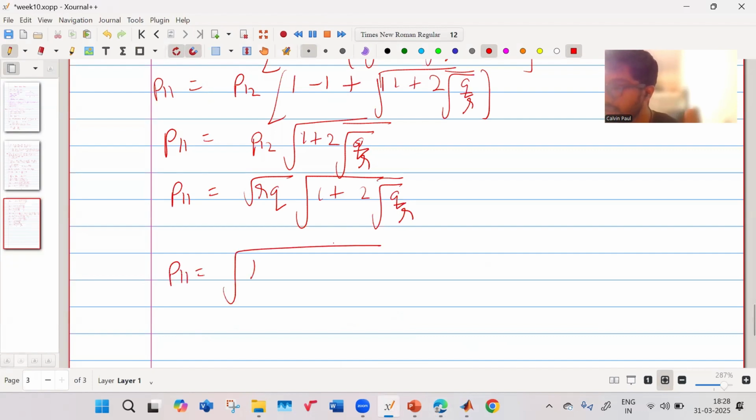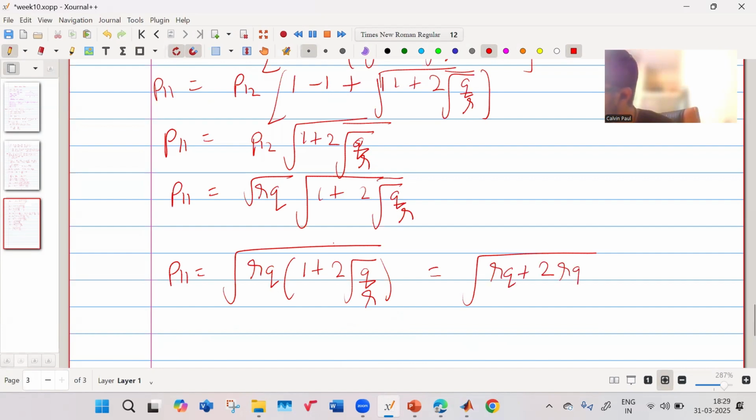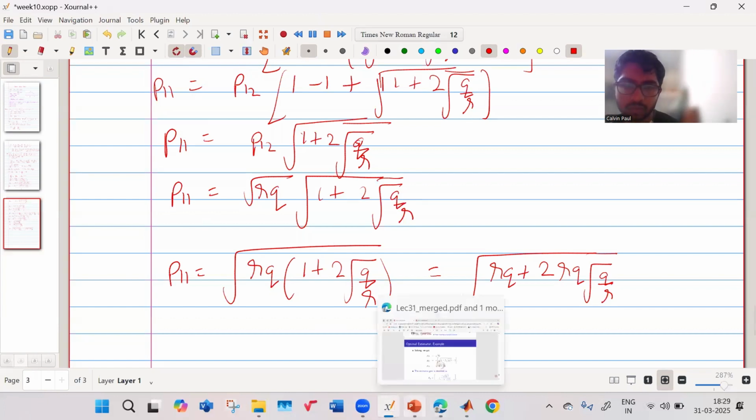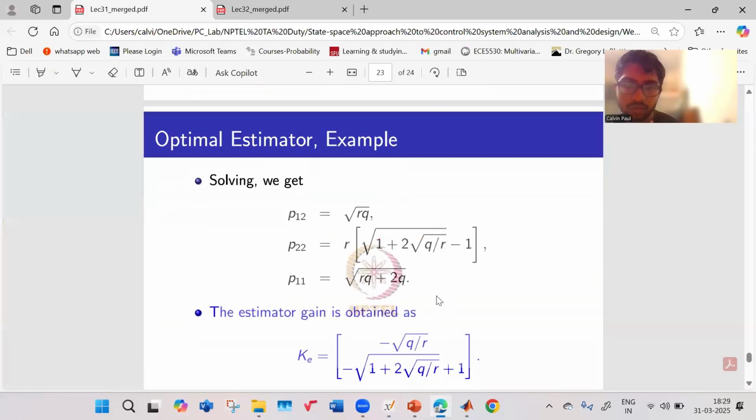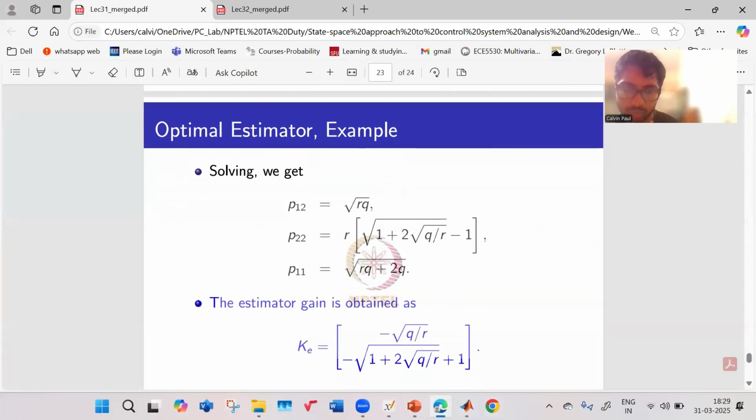So it is square root of R cubed into 1 plus 2 square root of Q upon R. That becomes equal to R cubed plus 2Q.